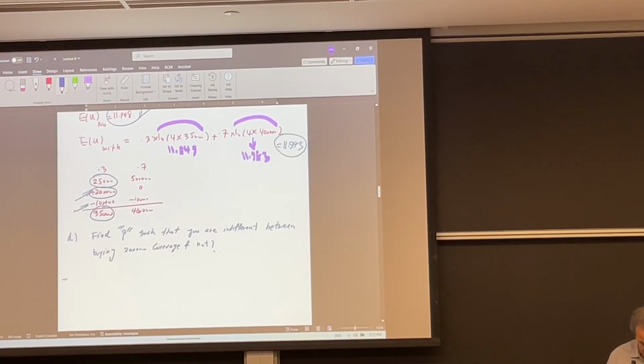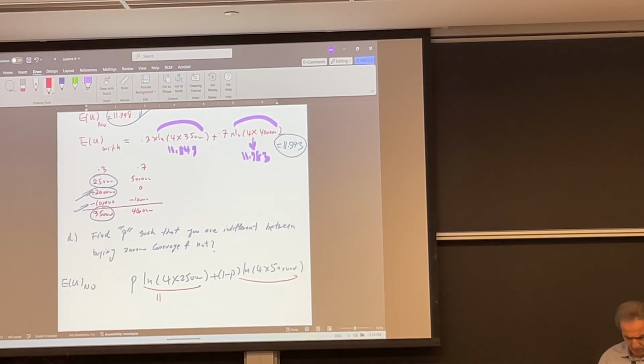That is expected utility without the insurance. That's the probability which we have to find. That is what you end up with. And that's the probability of no loss. That is what you end up with. We do have these two numbers already. It's on the graph. How much were they? That was 11.305. Help me out. Was it 305? 503?